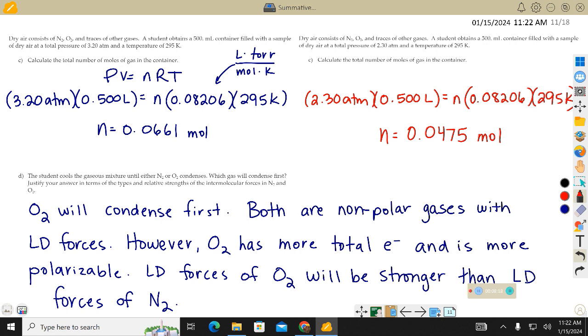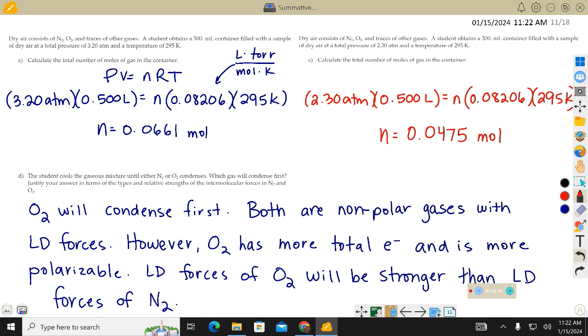Then in part D, the student cools the gas mixture until either the nitrogen or the oxygen condenses. Which will condense first? Justify your answer in terms of the types and relative strengths of intermolecular forces. All right, so here's a couple concepts that came back a few times. This idea of intermolecular forces and how they may affect gas behavior.